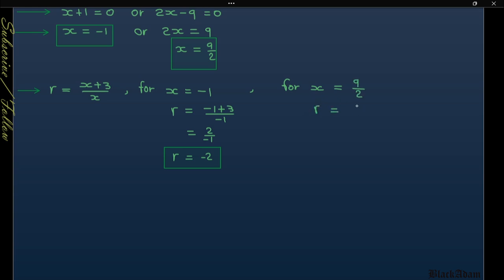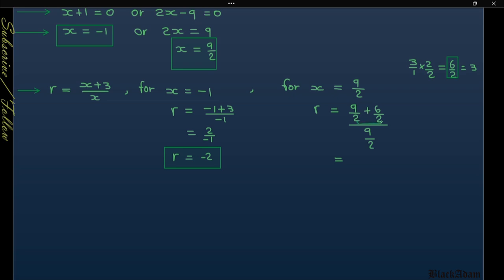And then for x equals 9 over 2, we're going to have R equal to 9 over 2 plus 3. Three over 1, you can see the base is 2, so 2 times 3 over 2 gives us 6 over 2. Then that's divided by x, which is 9 over 2.